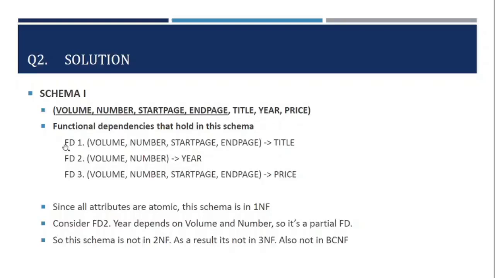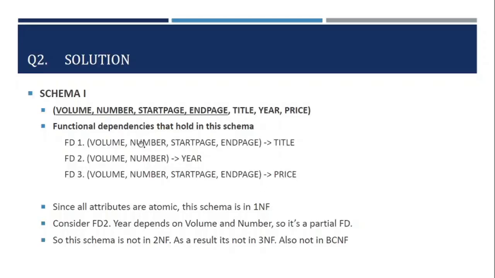So consider the first functional dependency. We have volume, number, start page, and end page determining title. Second functional dependency, we have volume and number determining year. Third functional dependency, volume, number, start page and end page determining price.